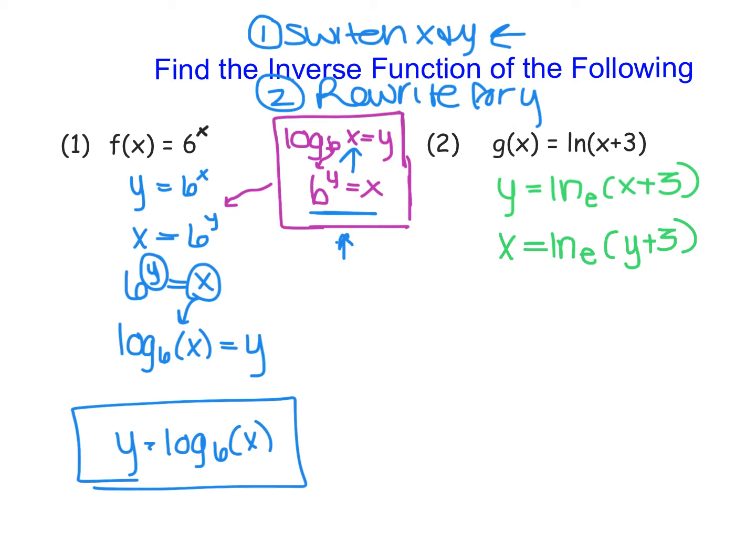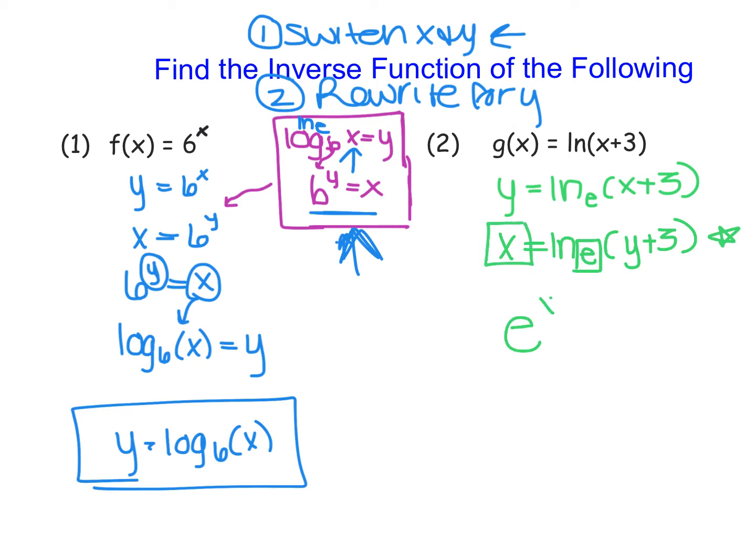So what we can do from here is use these properties again. Remember that log base b and ln base e, you can use the same properties with them, which is great. So here we're going to rewrite this logarithmic equation into an exponential equation. Our exponential equation is going to have base e, so I have e to the power of what's on the other side of the equation, which is x.